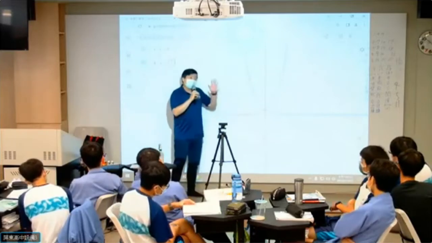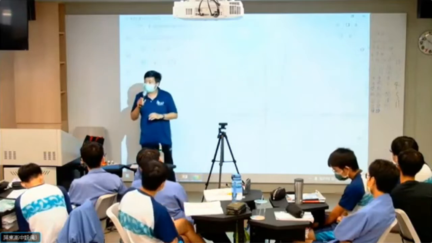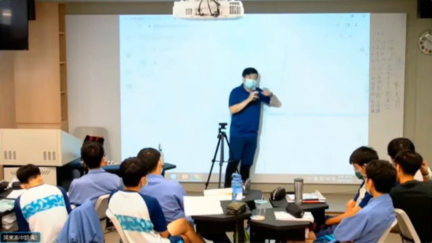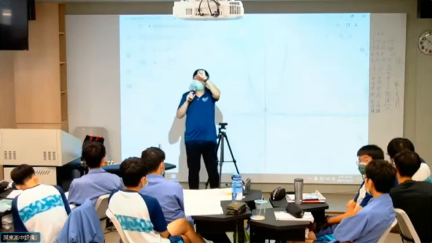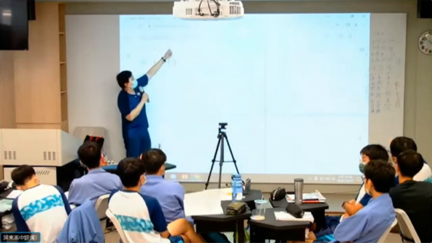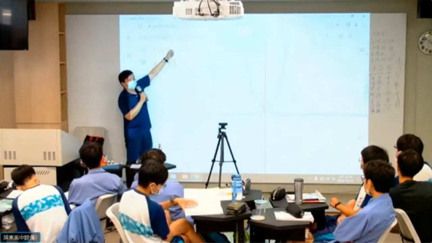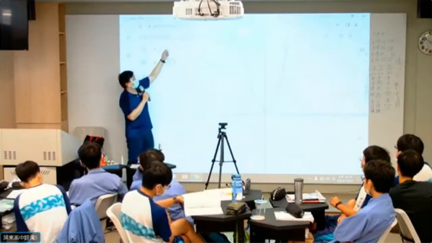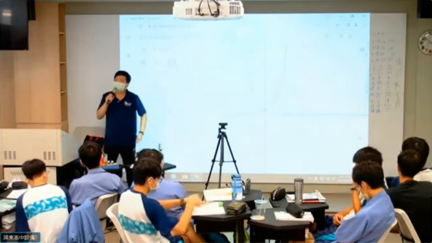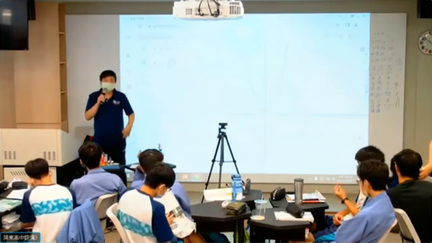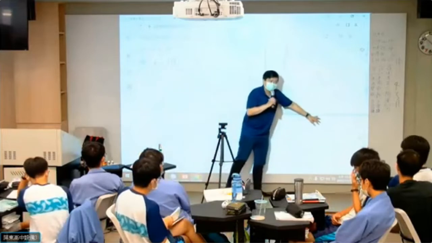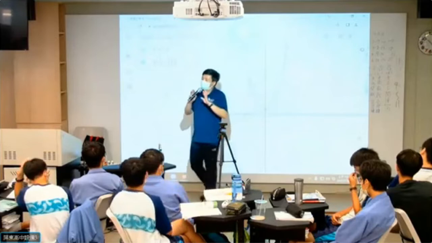They don't have any point of intersection because the function value is never equal to 0. You can see 2 to the power of x, no matter what x is, the corresponding function value is never equal to 0, right? So the blue one is very close to the x-axis, but it never touches it.